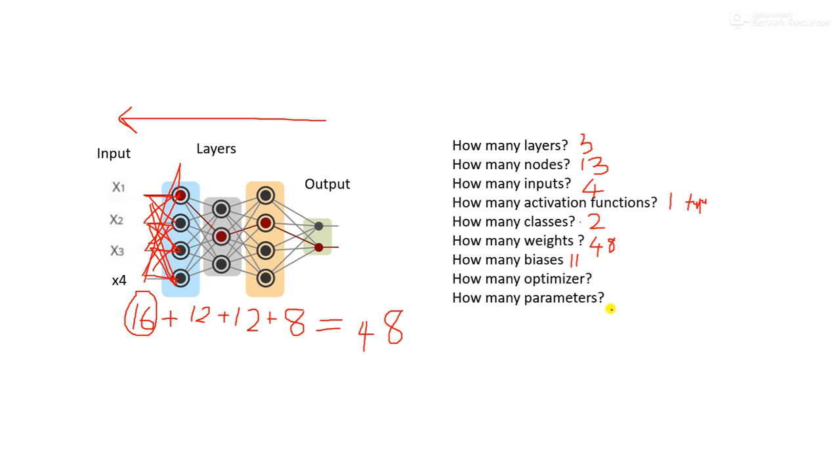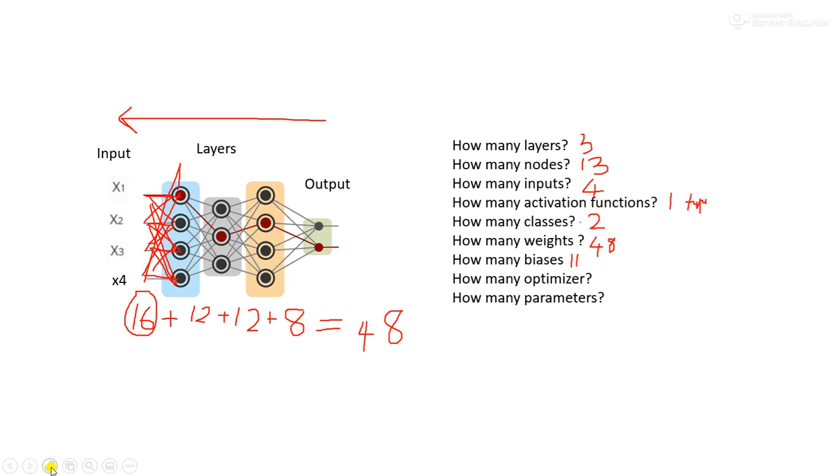How many parameters? 48 plus 2, 50. Okay, so weight and bias. Weight 48, bias 11. No, 48 plus 11. Hold on. So this is not 50.